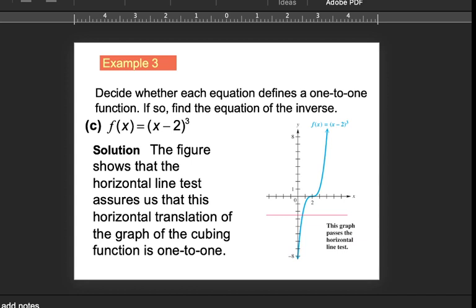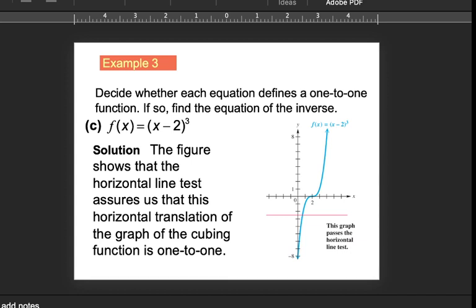So in other words, what we're going to do is the following. We're going to replace f of x with y, and then switch x with y and y with x. So we have the following. Now we have to get rid of the cube.